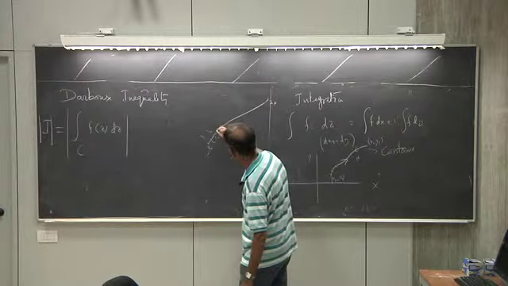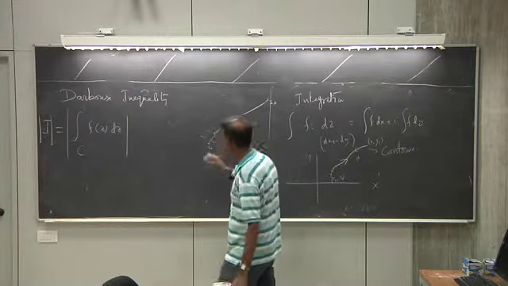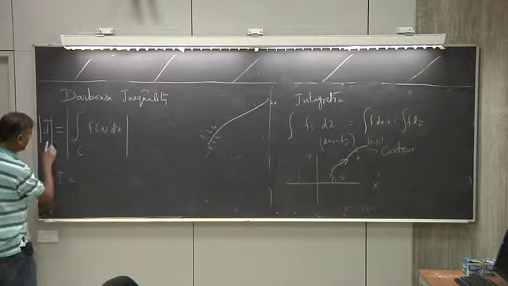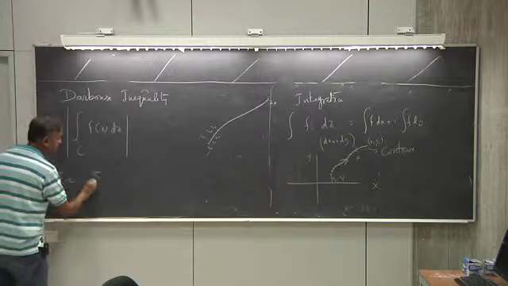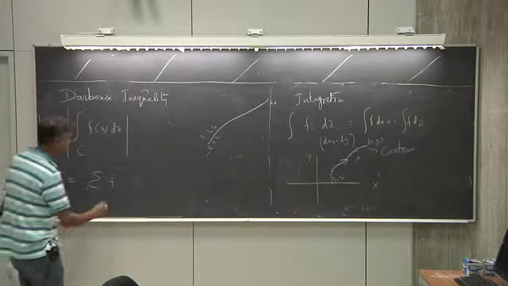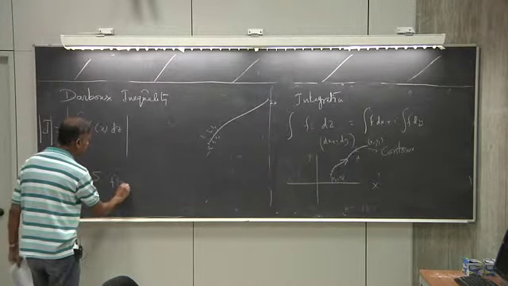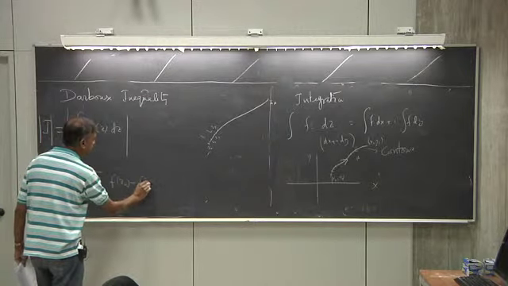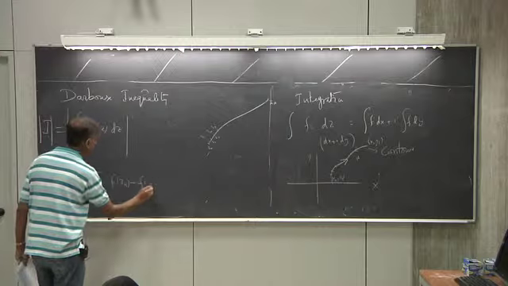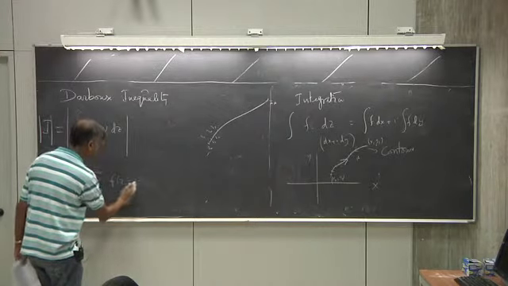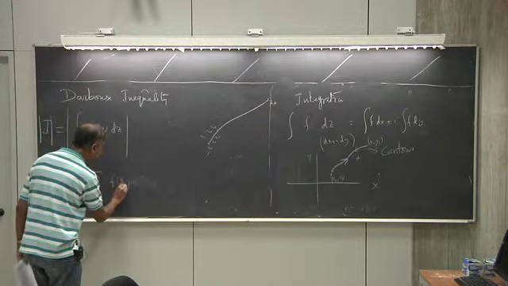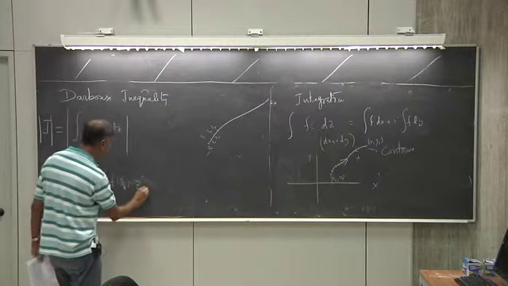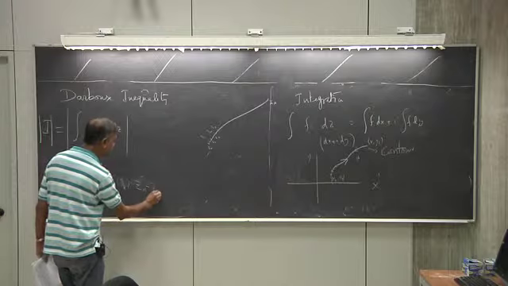Then by the Riemann definition, this integral is simply the sum of f evaluated at psi n times z n minus z n minus 1, right?